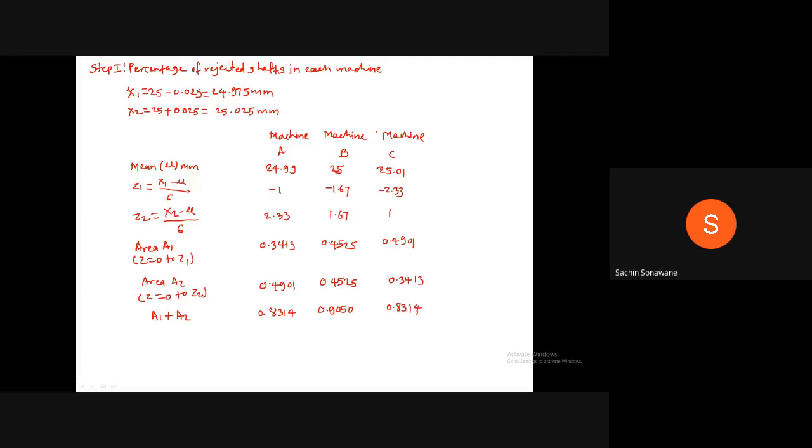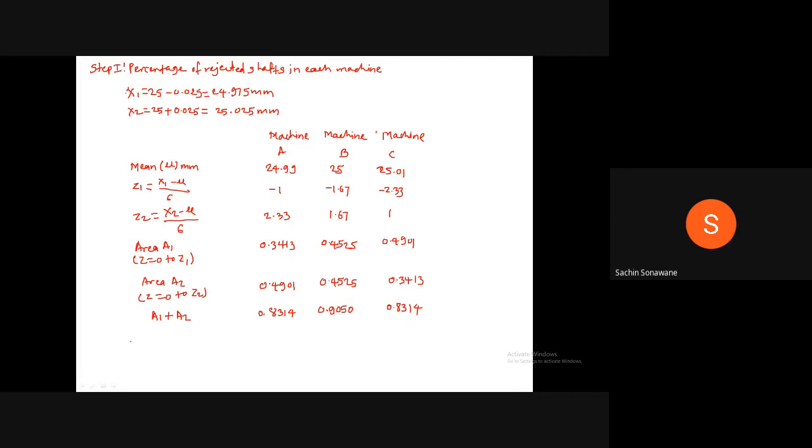Now percentage rejection means 1 minus 0.8314, 1 minus 0.9050 and 1 minus 0.8314, into 100.